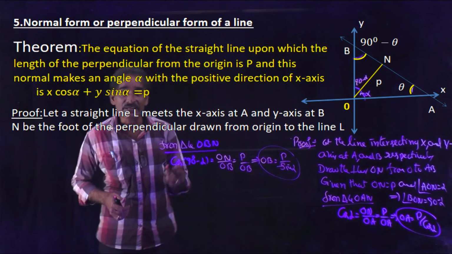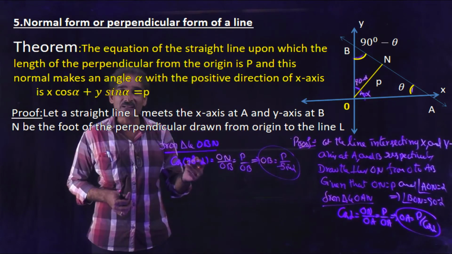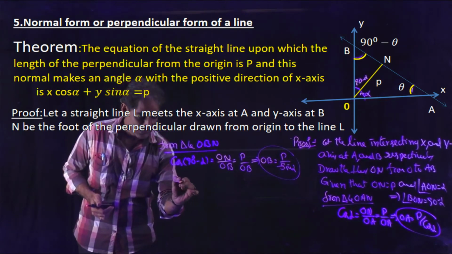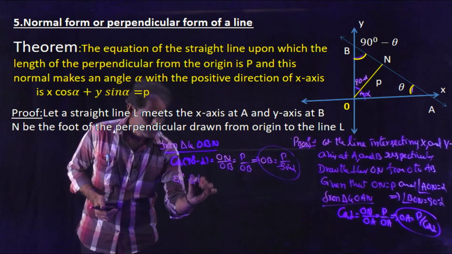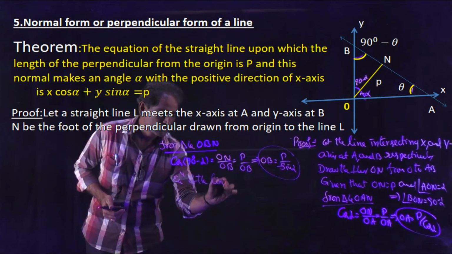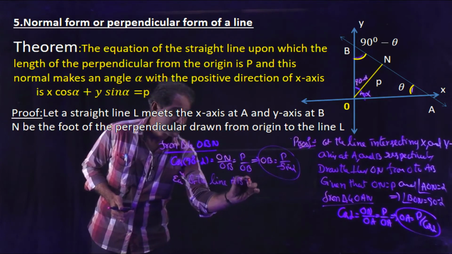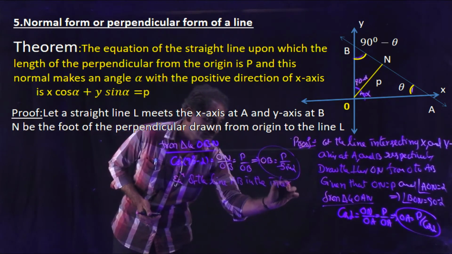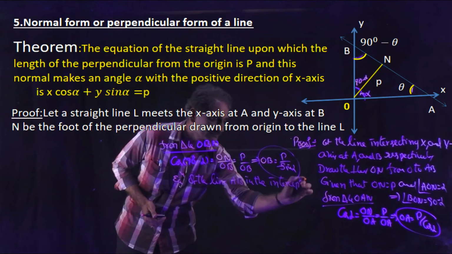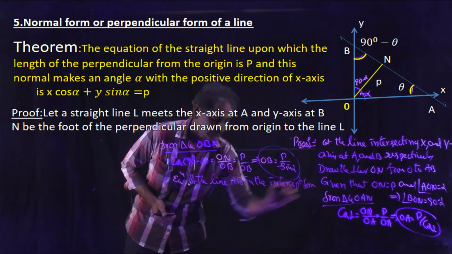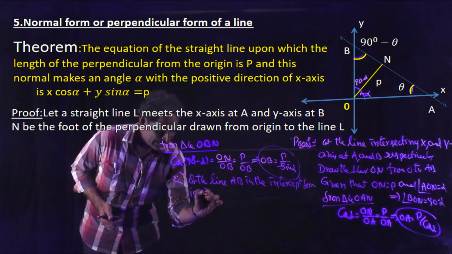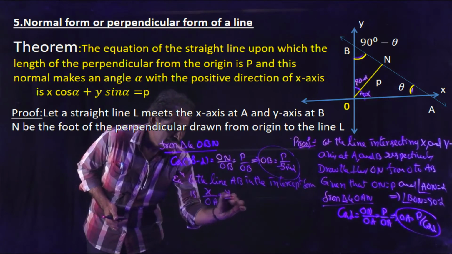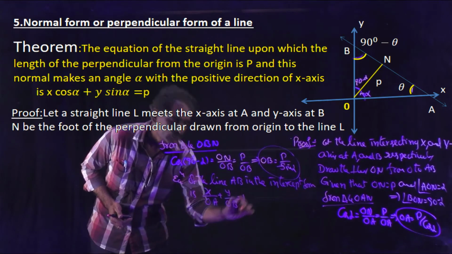Now the intercept form of a line AB, the equation of the line AB in intercept form, is x by OA plus y by OB is equal to 1.